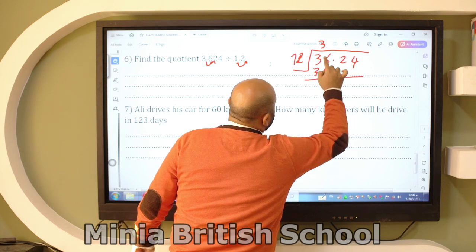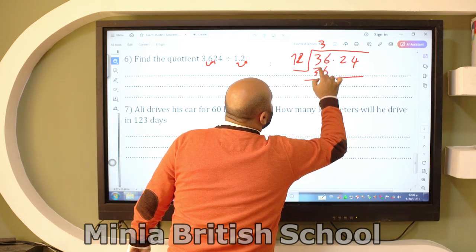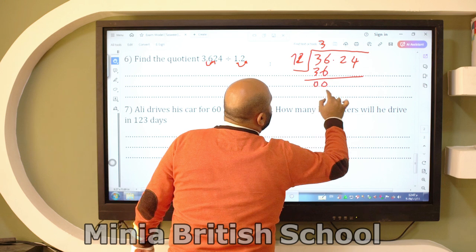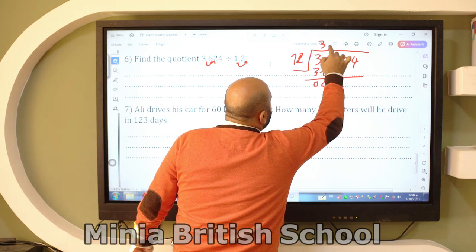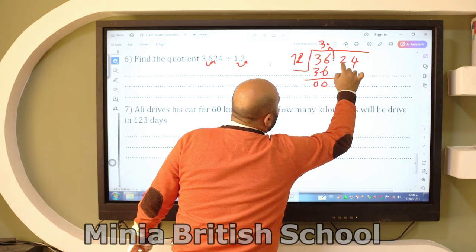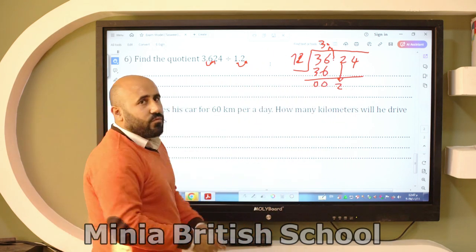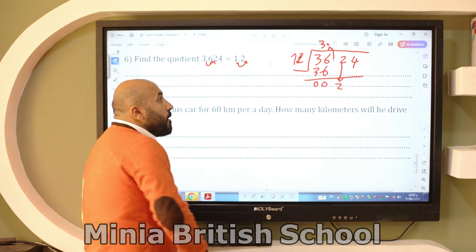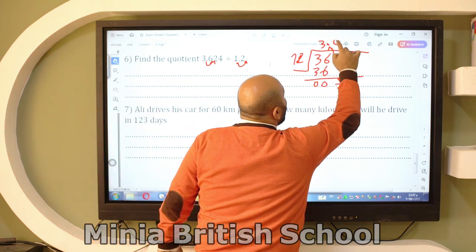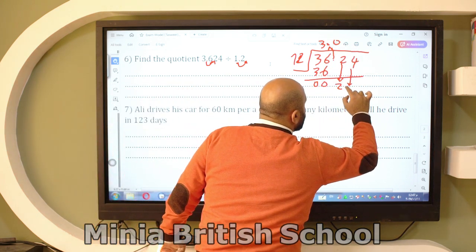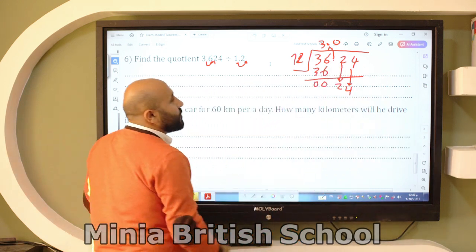Let's make the subtraction. 6 minus 6 equals 0. 3 minus 3 equals 0. And throw the point up, then drop 2. But wait, I have 2, less than 12. What is my solution? Put 0 first and drop the 4. So it will be 24. Ask yourself the same question.